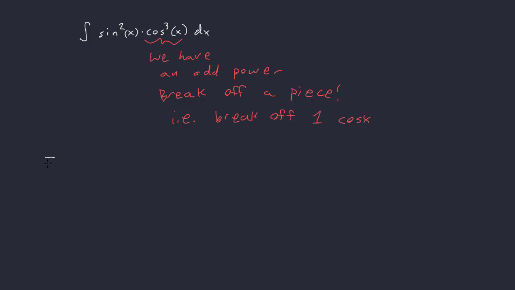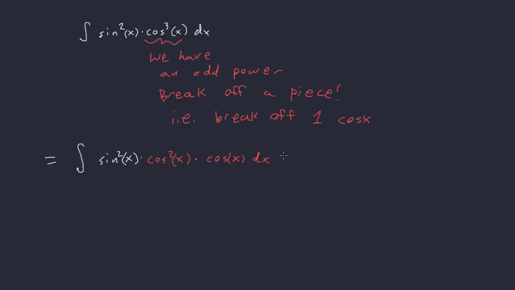When we do that, we're going to leave the sine squared x alone, and then we will have cosine squared x times cosine x dx.